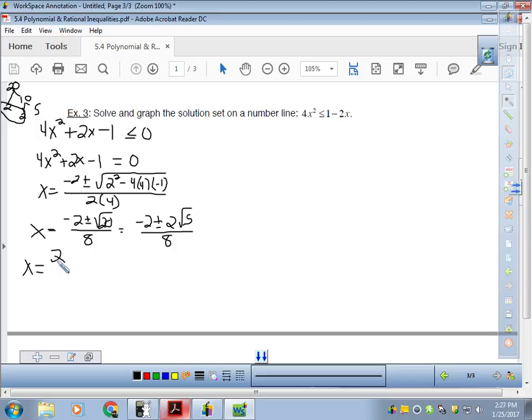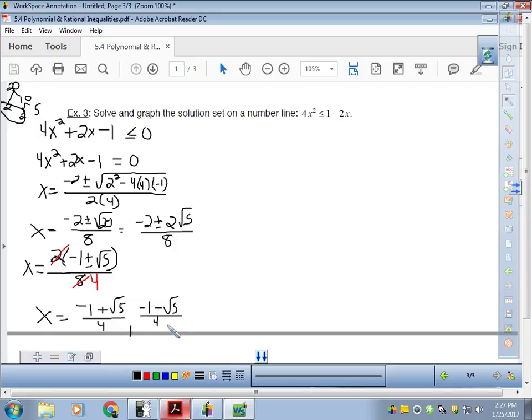If I pull out a 2, it leaves behind negative 1 plus or minus the square root of 5 all over 8. And then the 2 can cancel out with the 8, leaving a 4 on the bottom. So we actually have two possible answers. We have -1 plus the square root of 5, divided by 4. And we have -1 minus the square root of 5, divided by 4. So there's my two boundary points.